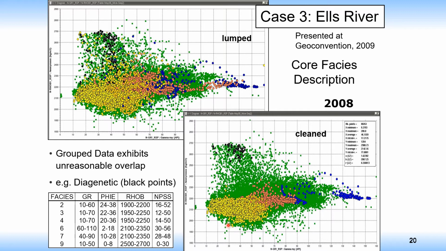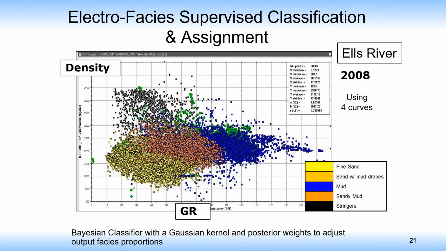We have to clean up the data based on geologic knowledge, and then we use this as the training set. And so there we get the final result. What this did was it really improved the petrophysical information and the match of the facies petrophysics going into the modeling process. That's porosity, permeability, and the saturation.